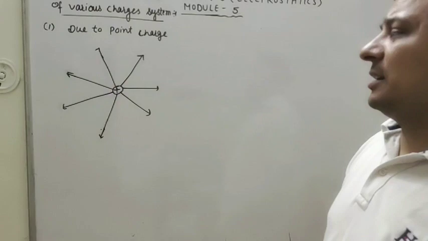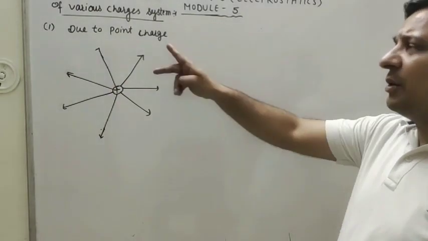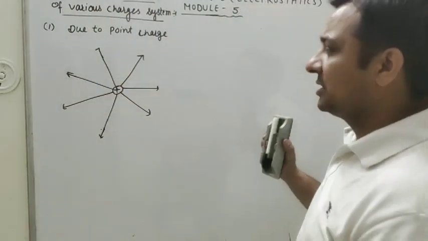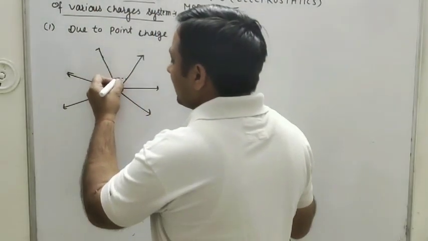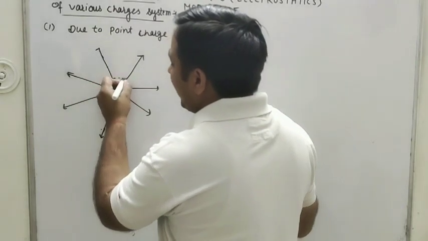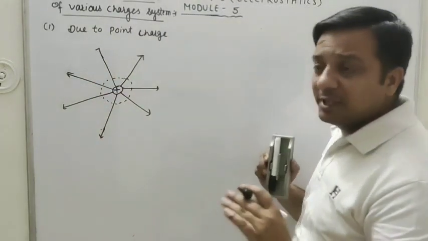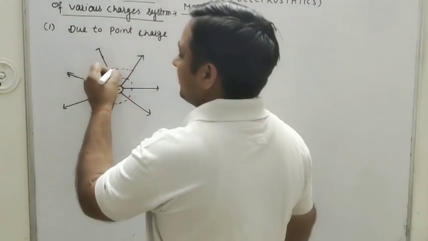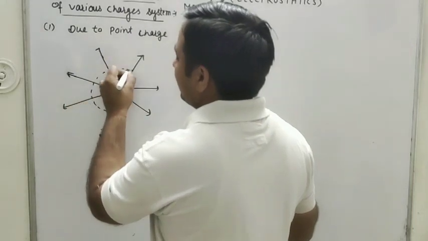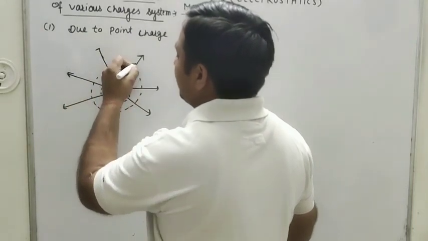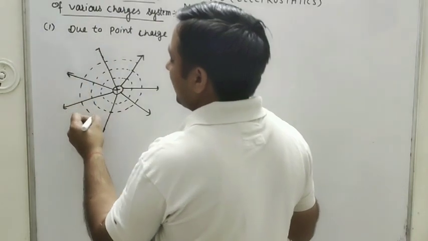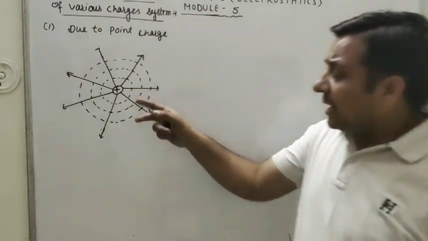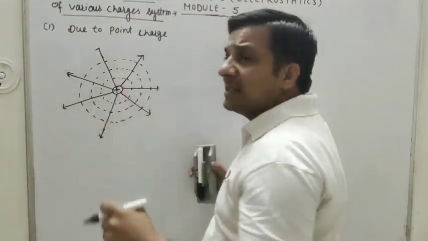So dear students, we have to draw the equipotential surfaces due to this point charge. They are simply circles, because every point on a circle has the same distance. This is an equipotential surface, this is also an equipotential surface, and these are the equipotential surfaces. On each surface, every point has the same potential.